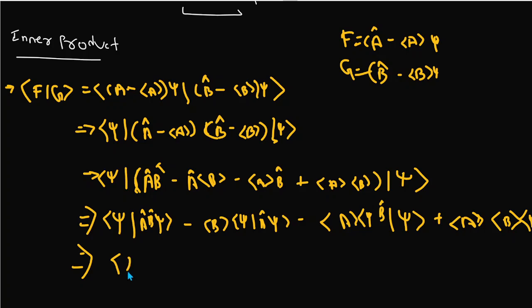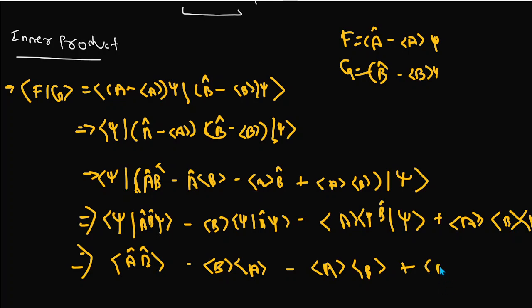It means this particular term is just A cap multiplied by B cap expectation value, and this in Dirac notation means the expectation value of A. I'm going to write it like this: minus A cap, then B expectation value, and then positive A and B expectation value.